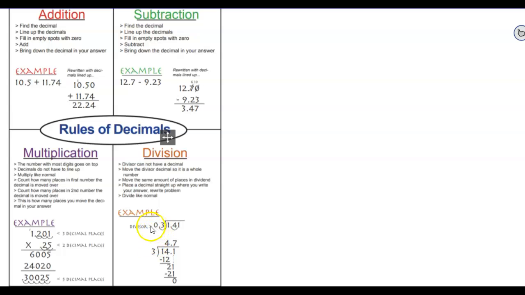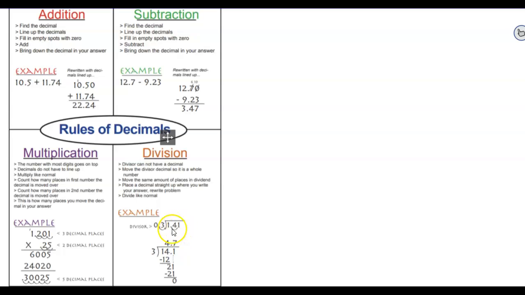Now with division, we look and we have 3/10 will go into 1 and 41/100ths how many times. So the first thing that we do is we are going to multiply this by 10 by moving the decimal 1 place to the right to make it a whole number, and then we do the same thing here.